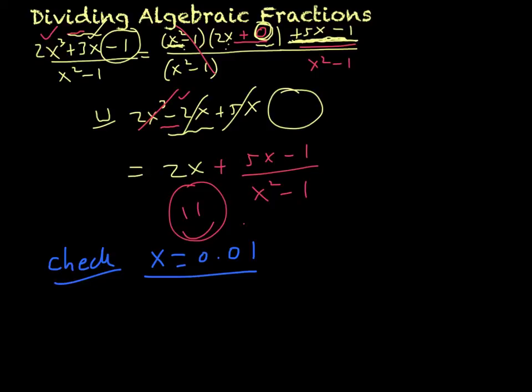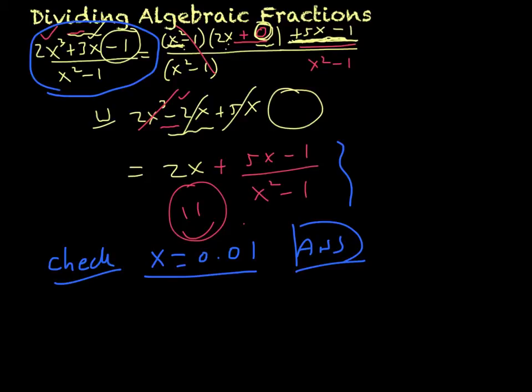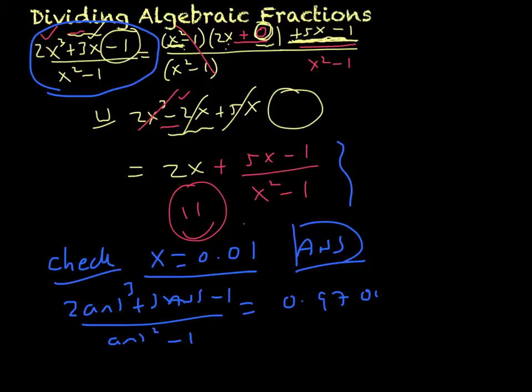And this in C3 is one of these things that you can check as well. How do we do it? Right, so 0.01 in your calculator, press equals, and you have answer. You're going to use this answer button in your starting fraction here. So if I do 2 answer cubed minus 3 answer, plus 3 answer minus 1 over answer squared minus 1, you should get 0.9700950095.